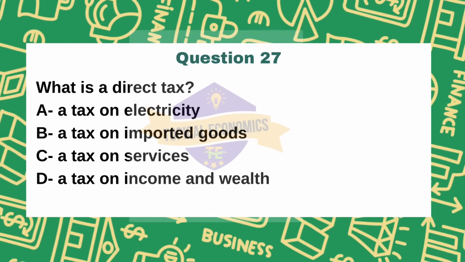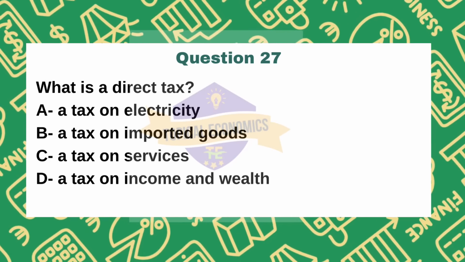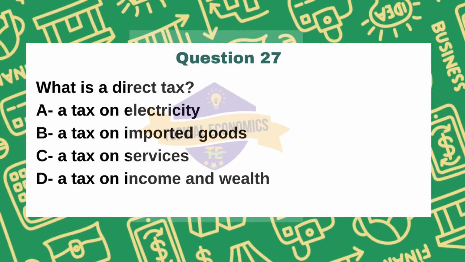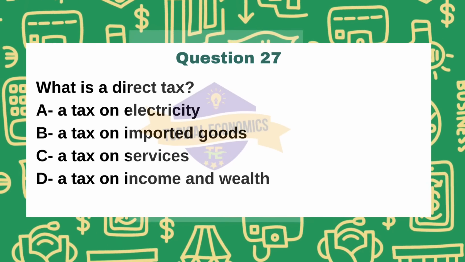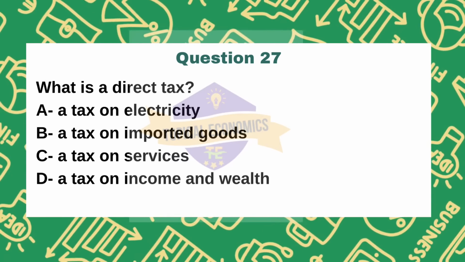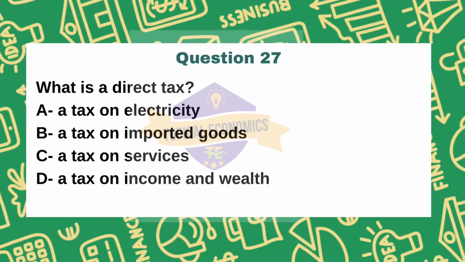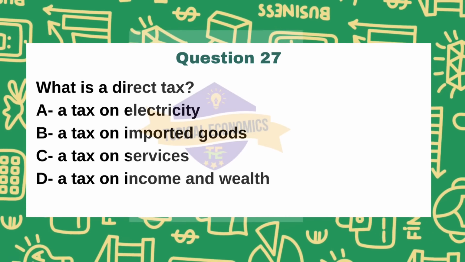Option B, a tax on imported goods, is also an indirect tax, known as a tariff or customs duty, which is paid when goods are imported. Lastly, option C, a tax on services, usually refers to value-added tax, VAT, or service tax, which are indirect taxes applied to the sale of services.